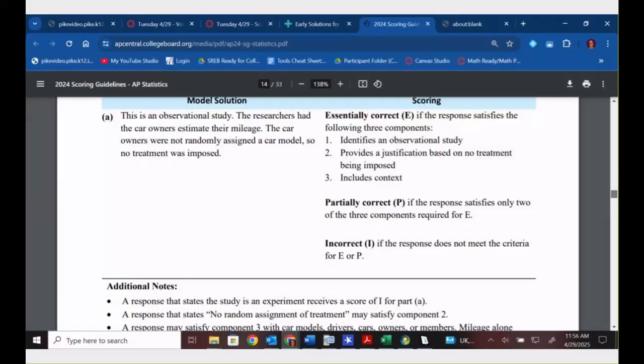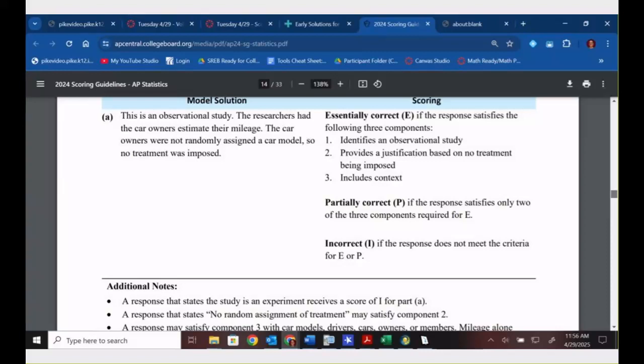3 components for part A. They need to identify this as an observational study. So the first thing you're looking for is that word. 2, provide justification based on no treatment being imposed. So they're only watching, or the cars or participants were not assigned to do anything. Somewhere in there, we need to address the fact that no treatment was imposed.